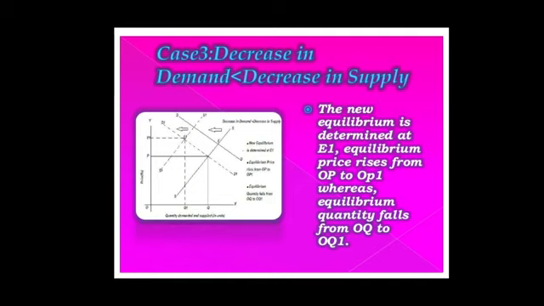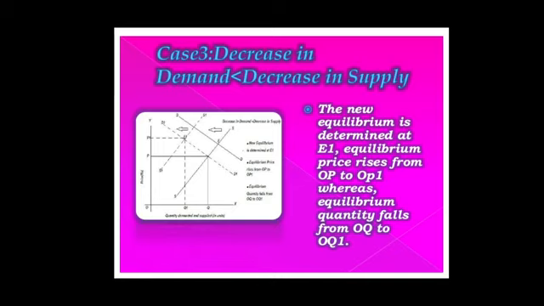As can be seen from the figure, the new equilibrium is established at point E1, where new demand and supply curves intersect each other. At the new equilibrium point E1, the equilibrium price rises from OP to OP1, whereas equilibrium quantity falls from OQ to OQ1.